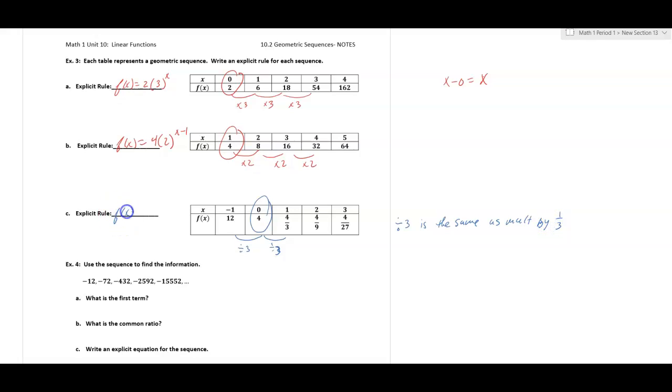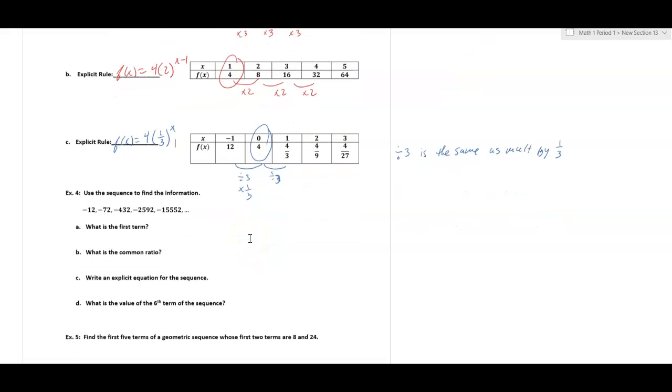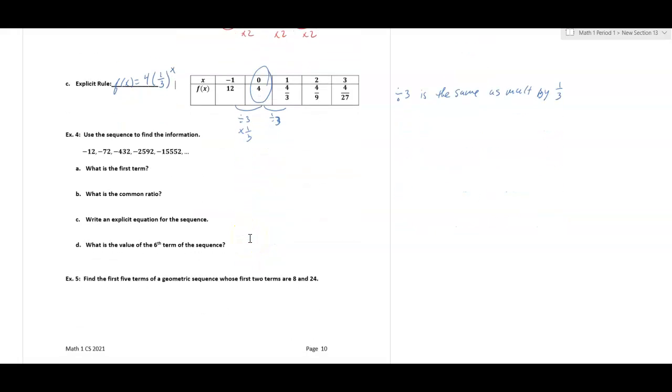So f of x equals 4, my initial value is 4, right? Times, I'm basically dividing by 3, but multiplying by 1/3, so my common ratio is 1/3 to the x power. Okay.